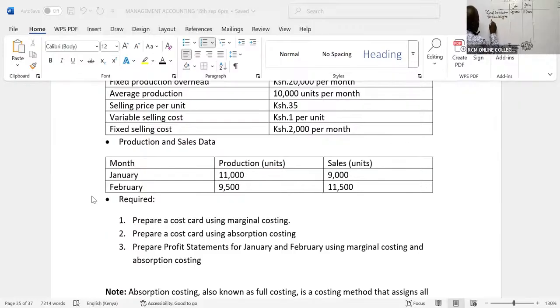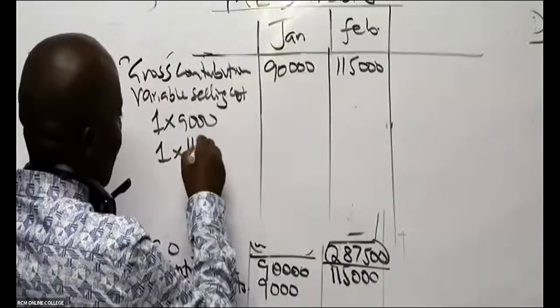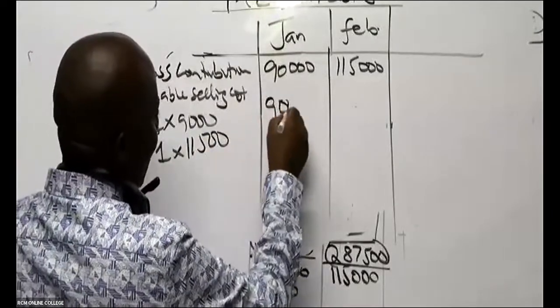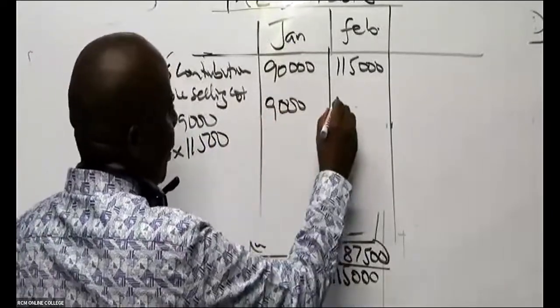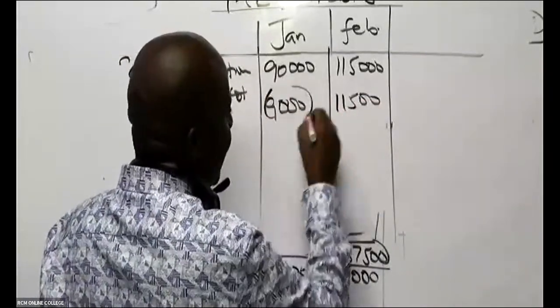So January, it will be 1 times 9,000. February, it will be 1 times. How many units do we sell in February? 11,500. Yeah. So this one here will be 11,500. Yeah, please subtract. That is the only one.